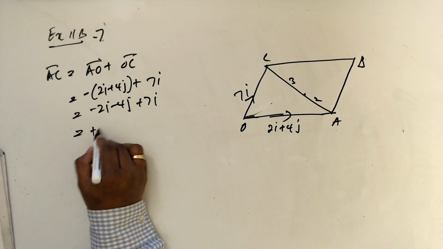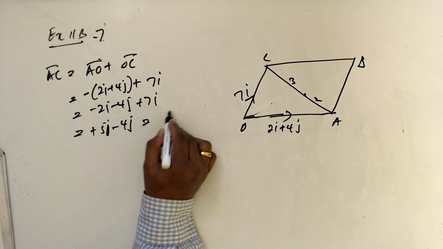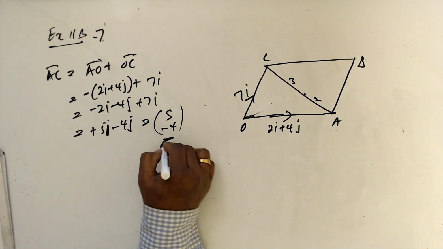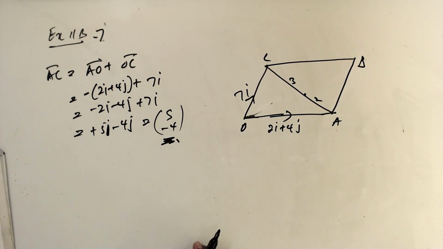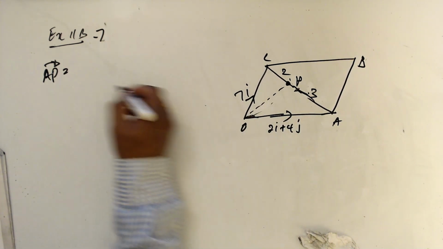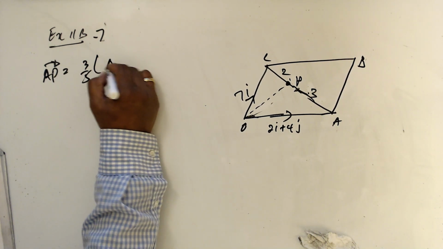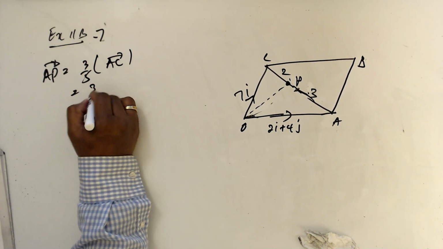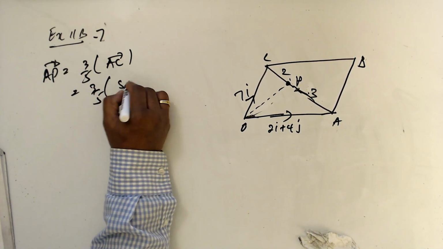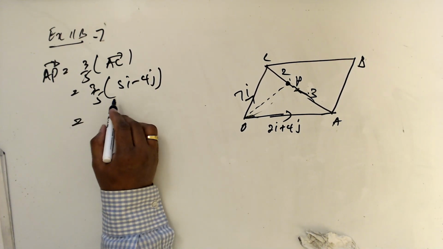So plus 5i minus 4j. AP is 3 over 5 AC. 3 over 5 AC means 3i minus 12 over 5 j.